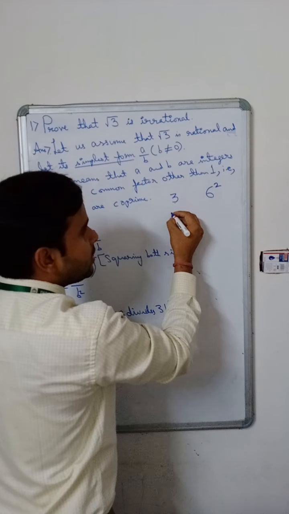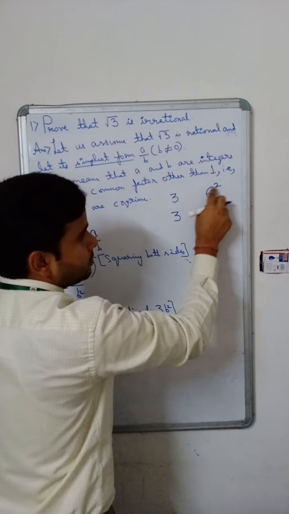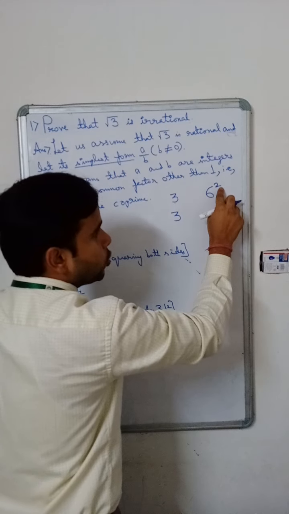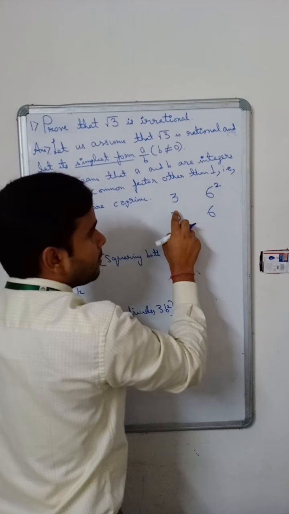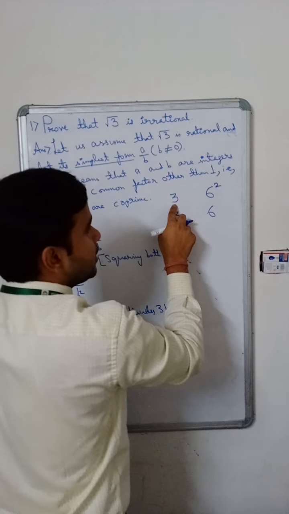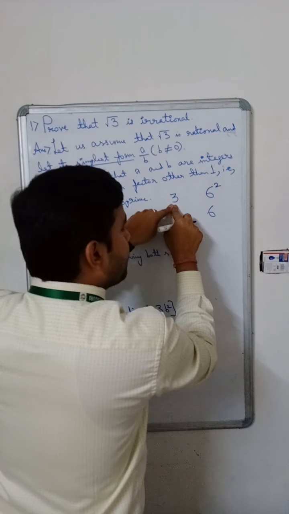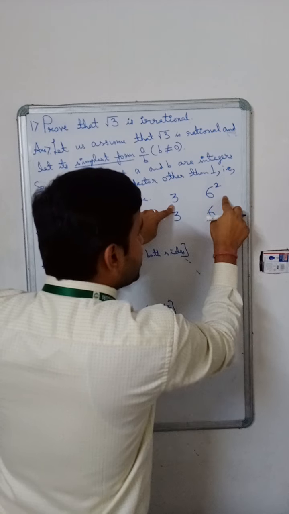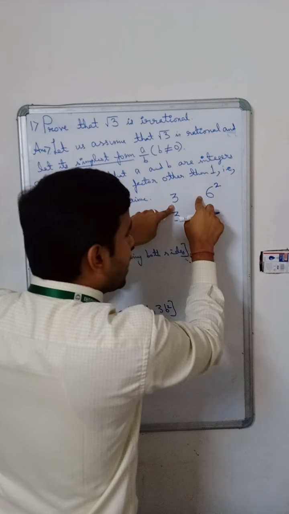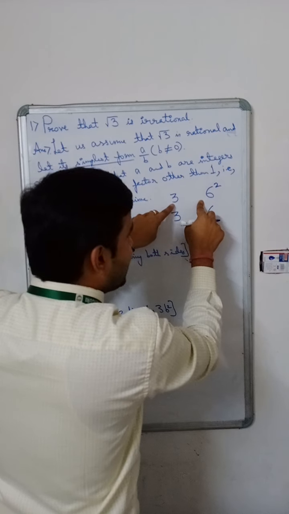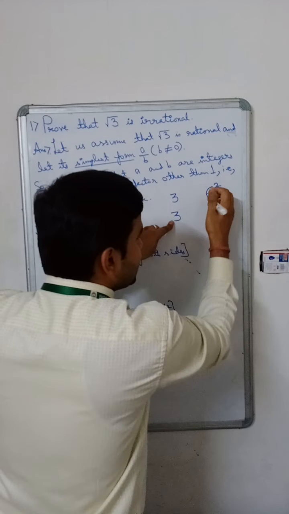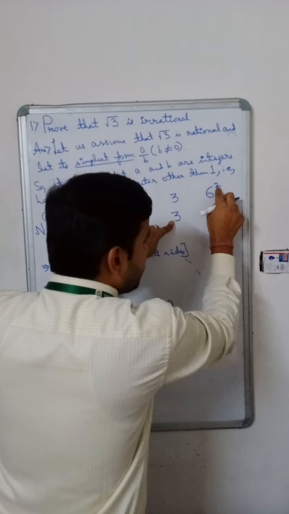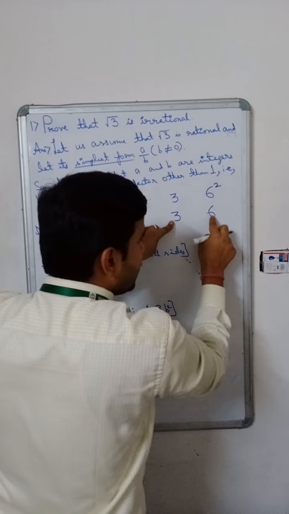Now, if 3 divides 6 square, 3 will also divide 6. Yes. It is only possible when the number is a prime and the number which we are dividing is a perfect square. So that prime number will also divide the square root of the perfect square. What is the square root of 6 square? It is 6.